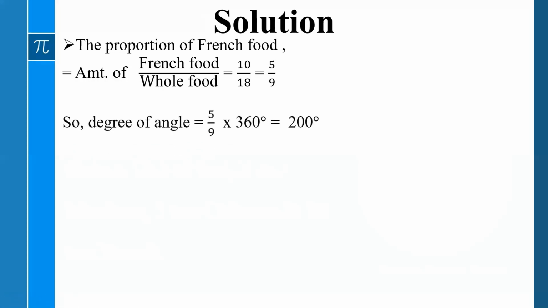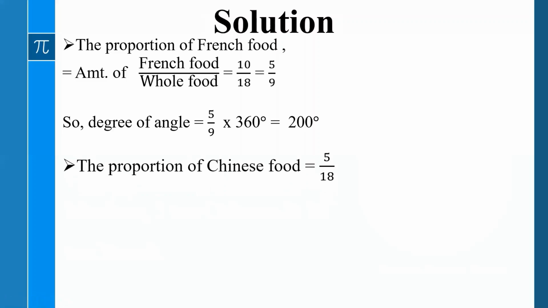Now, in order to convert this 5 upon 9 into degrees, why? Because we have to represent this part in a circle, and we know that the total degrees of a circle is 360. So we will multiply this 5 upon 9 with 360. That will give us the answer 200 degrees.